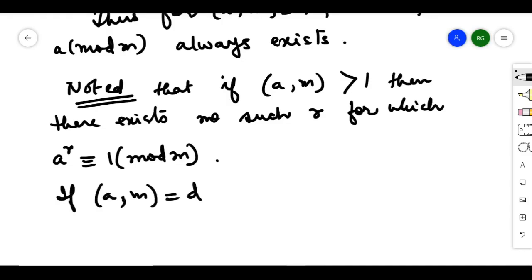Suppose the GCD of a and m is d, which is greater than 1. Then by the definition of GCD, d divides a and d divides m.